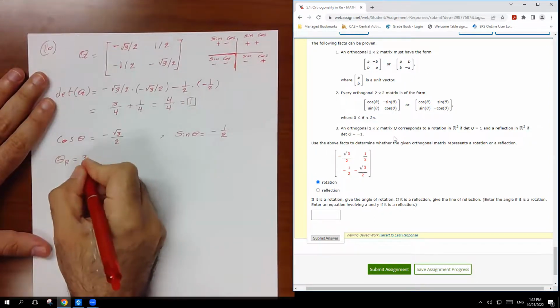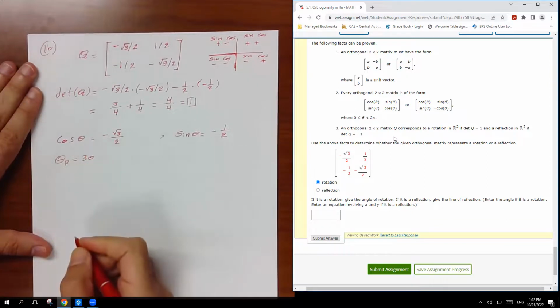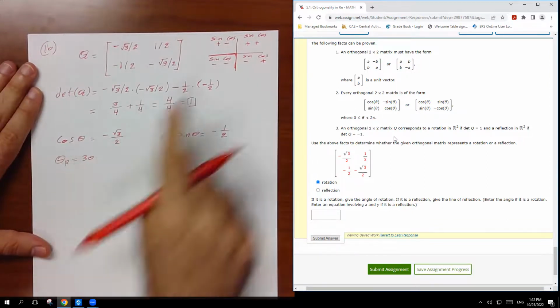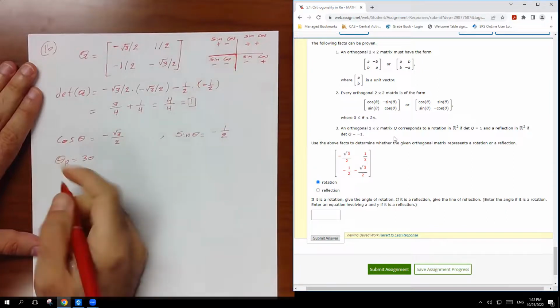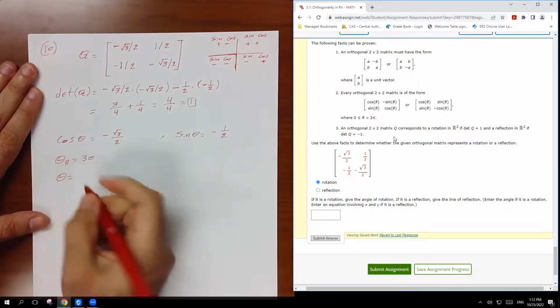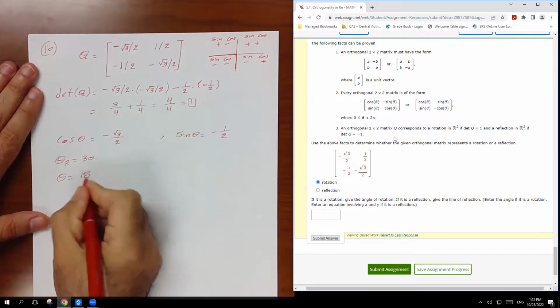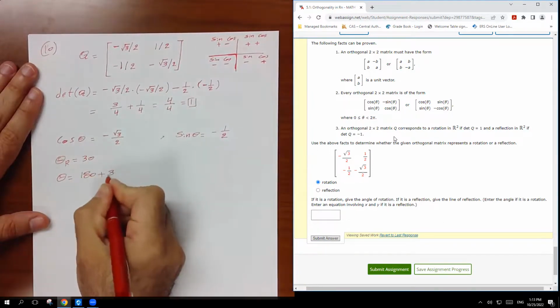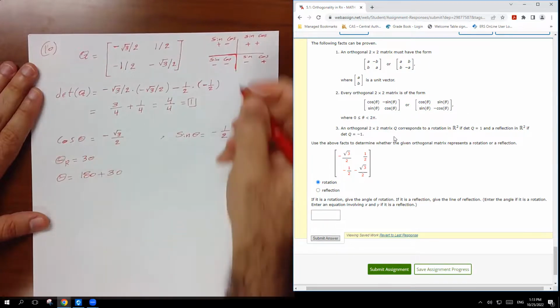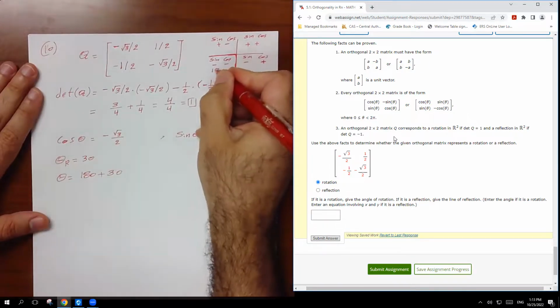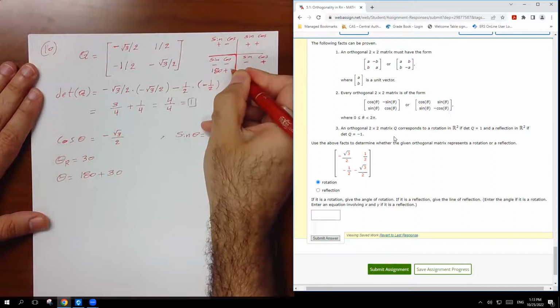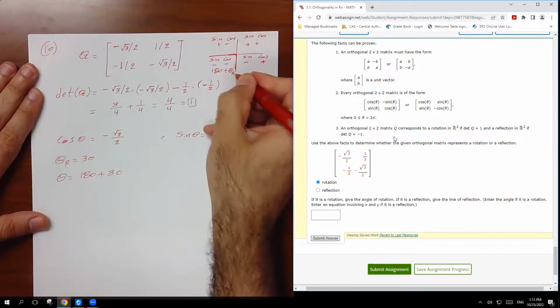That means our reference theta is 30. But I need to get to this quadrant. So our theta is going to be 180 plus the reference theta.